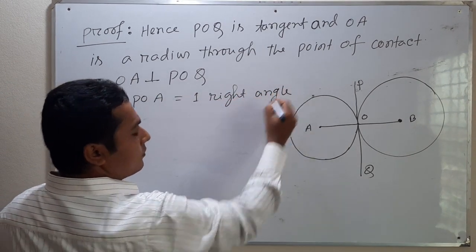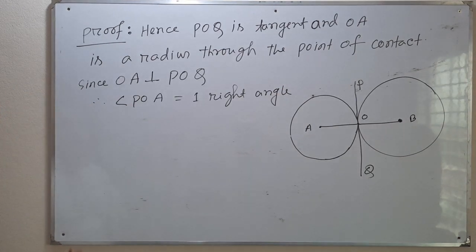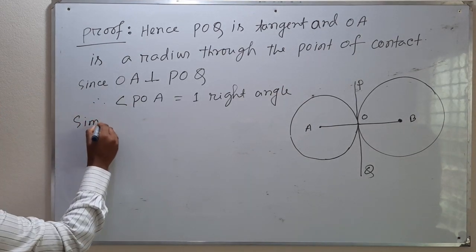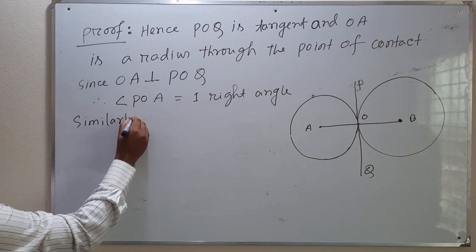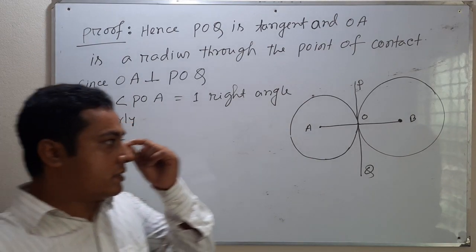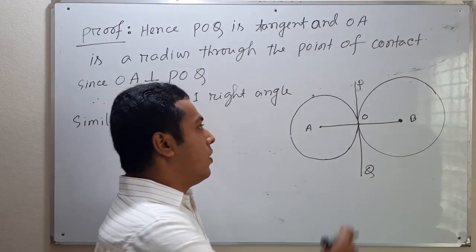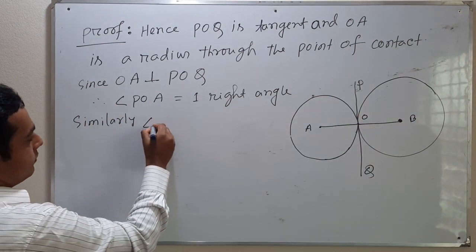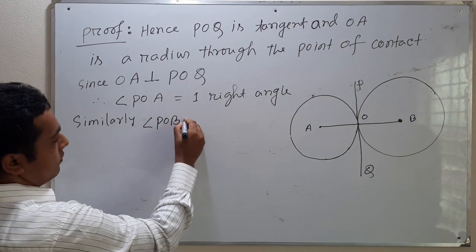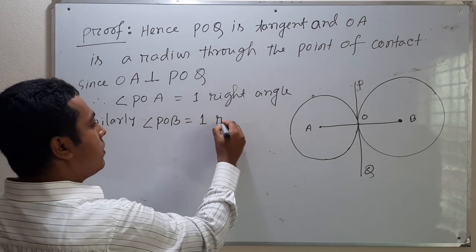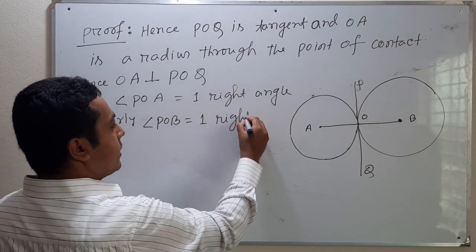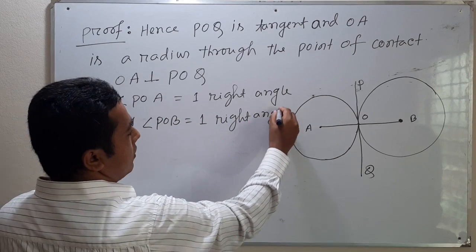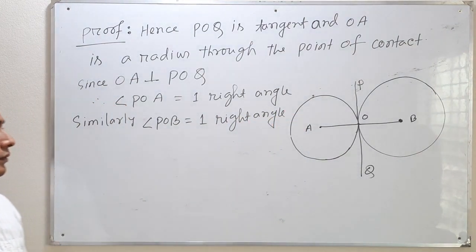And similarly, for this circle, angle POB is also 1 right angle.